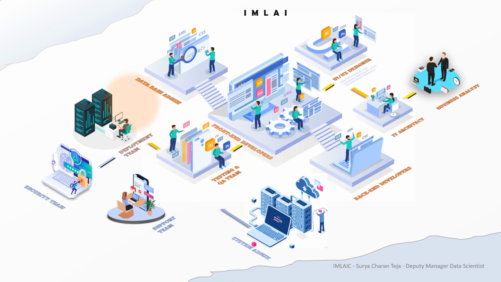Then we have a deployment team that deploys the application so that the users can use it. And the security team takes care of the security, so that there are no vulnerabilities and hackers can't hack it. They cannot enter our systems or our application.